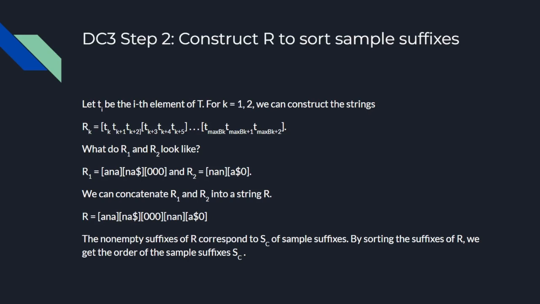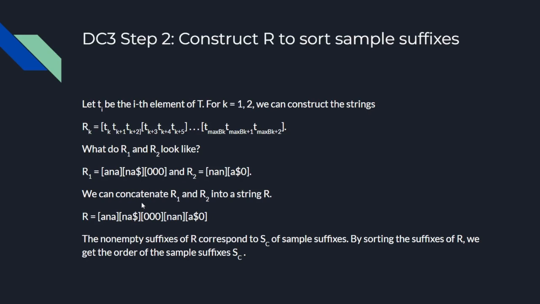And what do R1, R2 look like? As you can see, R1 contains ANA, a dollar sign, and then a blank one with empty characters. R2 has NAN, an A dollar sign, and a blank character.